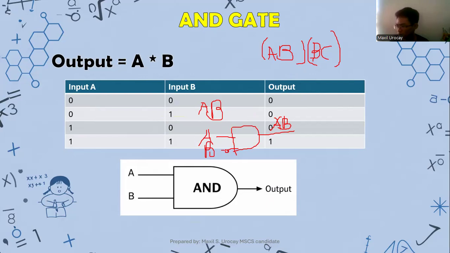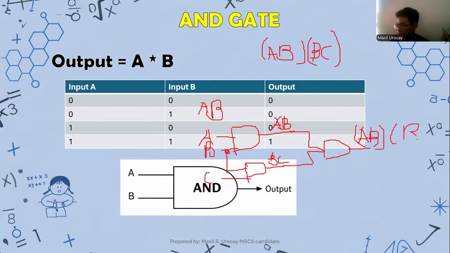So we will work on B and C, and then again it will become B and C. Since we've already finished everything, we will just combine. So it will become AB now, and then B and C. That's how it works for the AND gate.